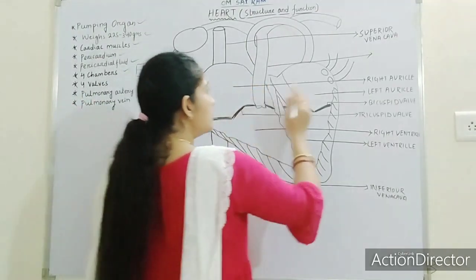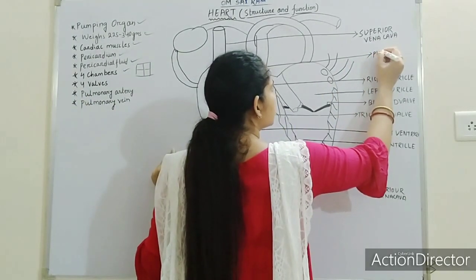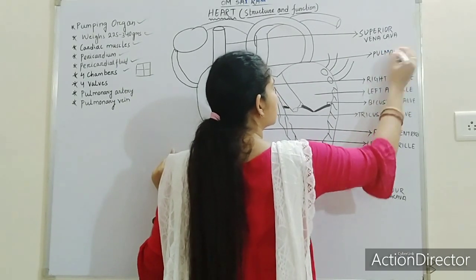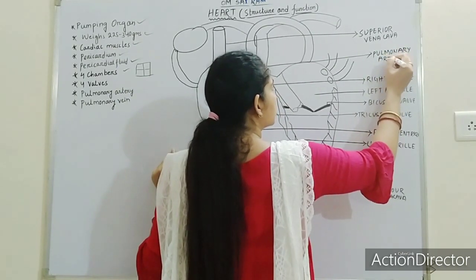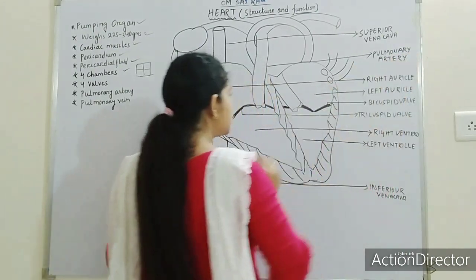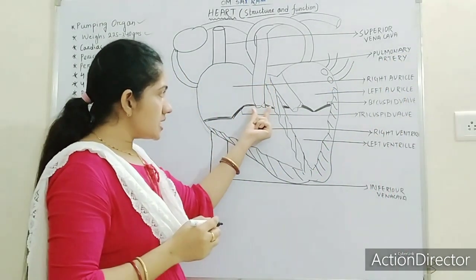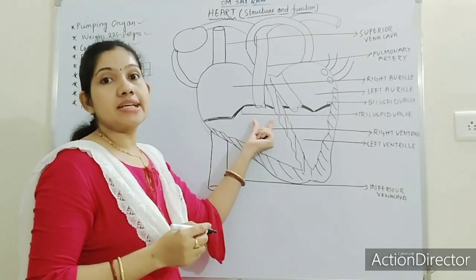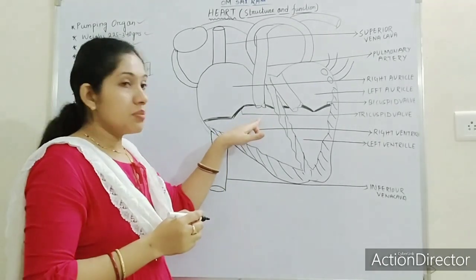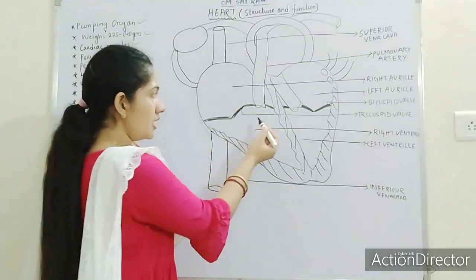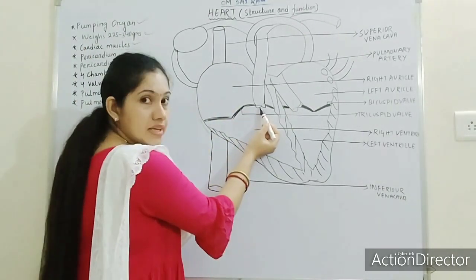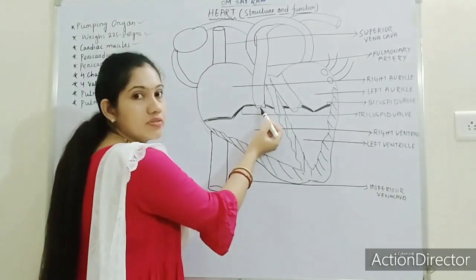Pulmonary artery originates from the right ventricle. Can you see? This is the right ventricle and the pulmonary artery opens in the right ventricle.